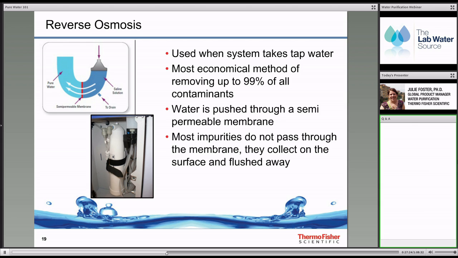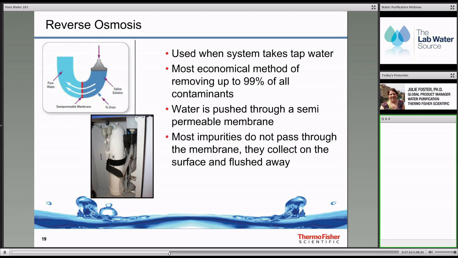But this technology, RO membranes, are also used in larger systems like a type 1 water system that uses tap water. So they're used to pretreat. Reverse osmosis itself is best explained by first talking about the process of natural osmosis. In the example I have here, I drew a diagram for you to take a look at.